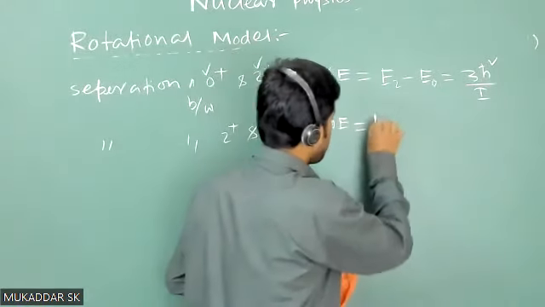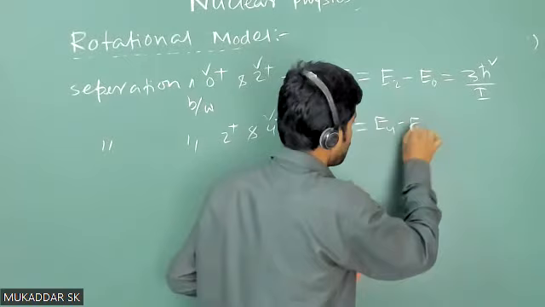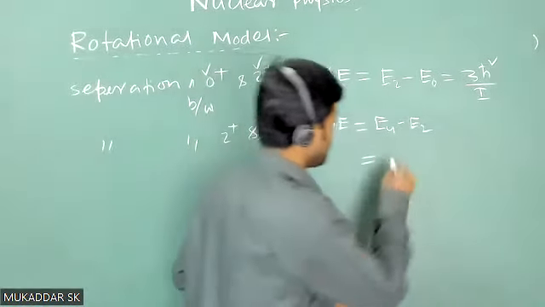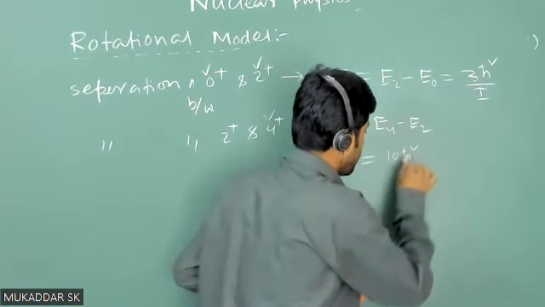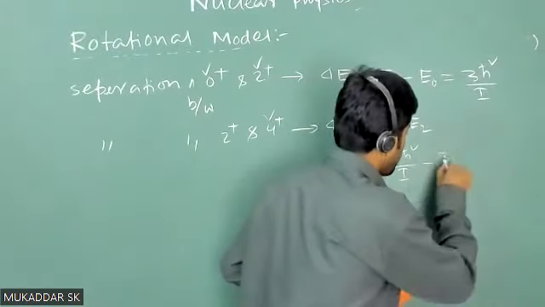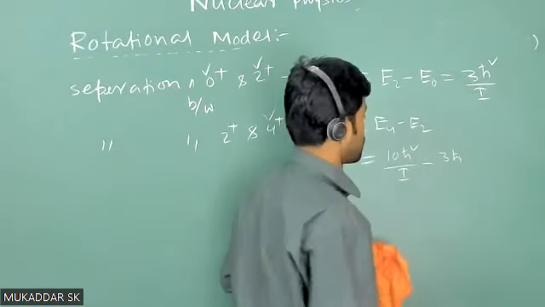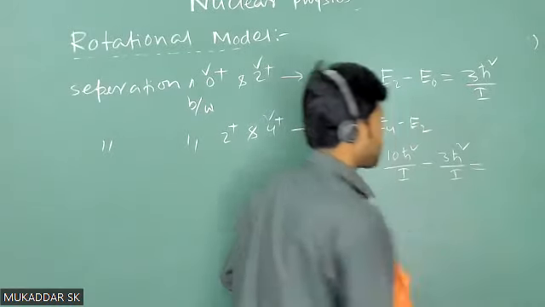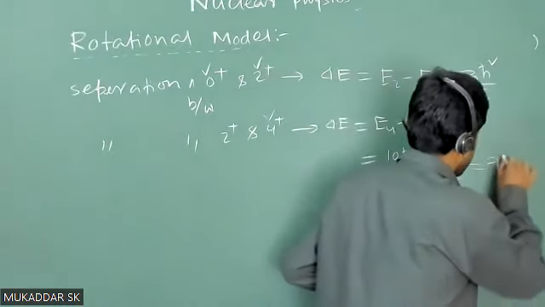You have to write E4 minus E2. And E4 is how much? 10 h cross square by I minus 3 h cross square by I, right? Yes, that will be 7 h cross square by I.